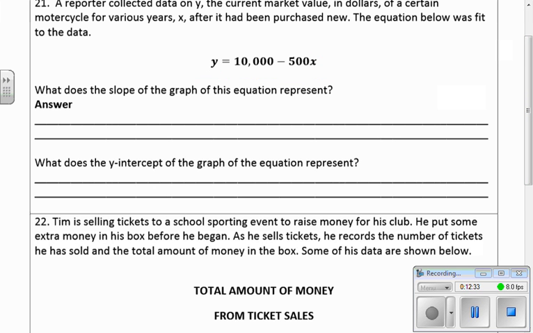What does the slope of the graph represent? Well, the slope is negative 500. So we're talking about the current market value of a motorcycle. The slope always tells you how something is changing. So what does the slope represent? How much money the motorcycle is decreasing.